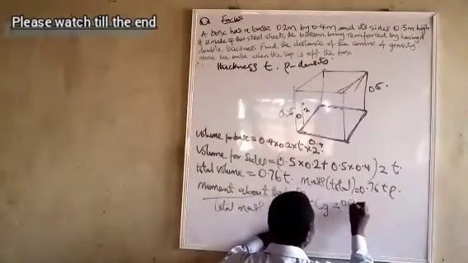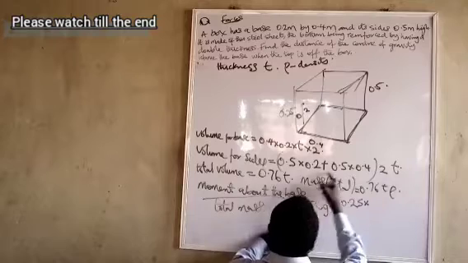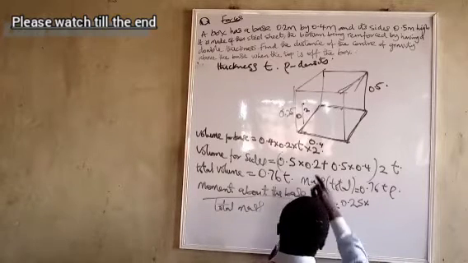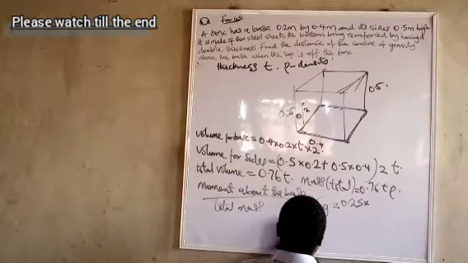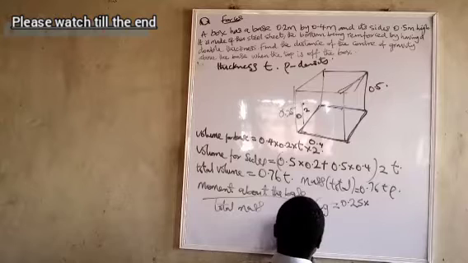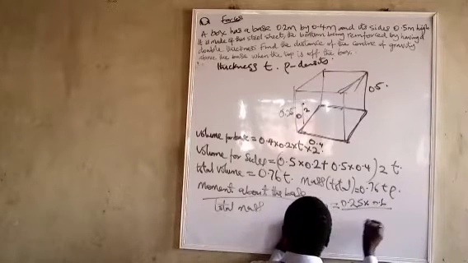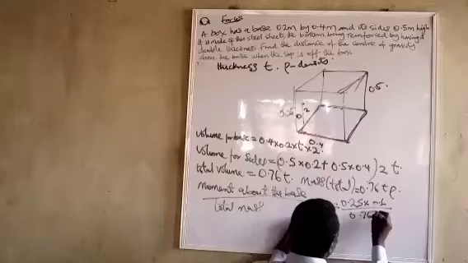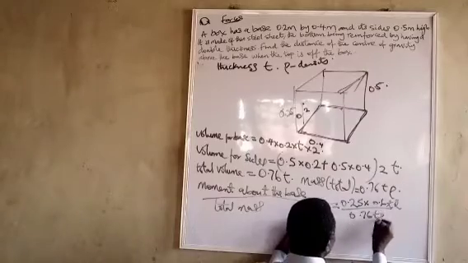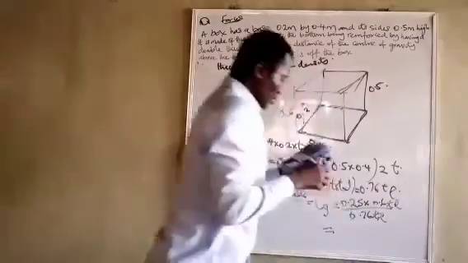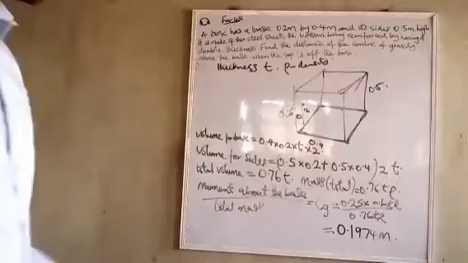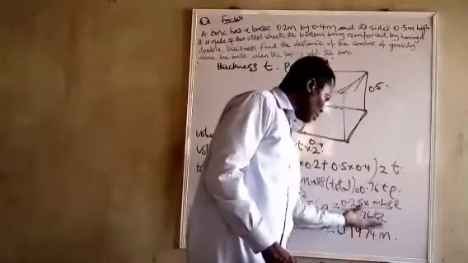So 0.25 times 0.6, 0.5 times 2 times 0.6 divided by 0.76. And what does that give us? So the answer is 0.1974 meters.